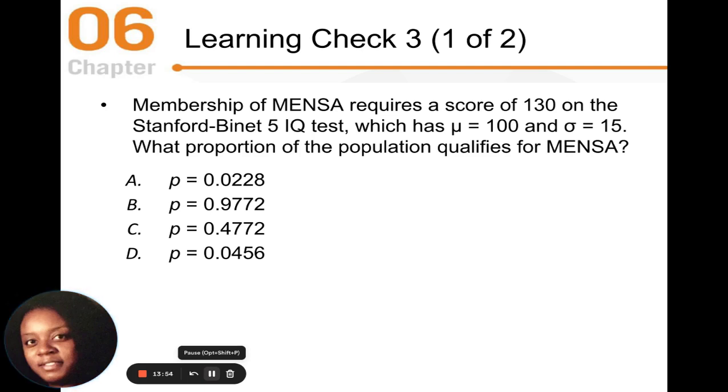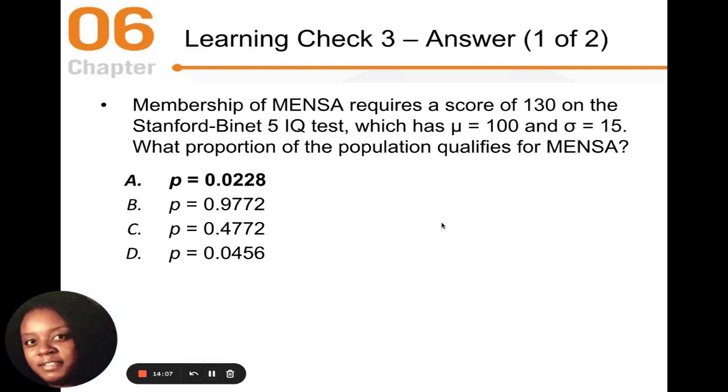What proportion of the population qualifies for Mensa? If you calculated that, would it be A, B, C, or D? The correct answer would be A.